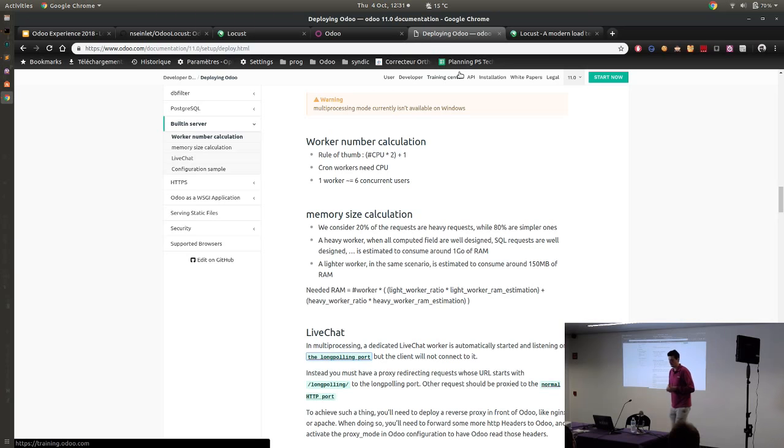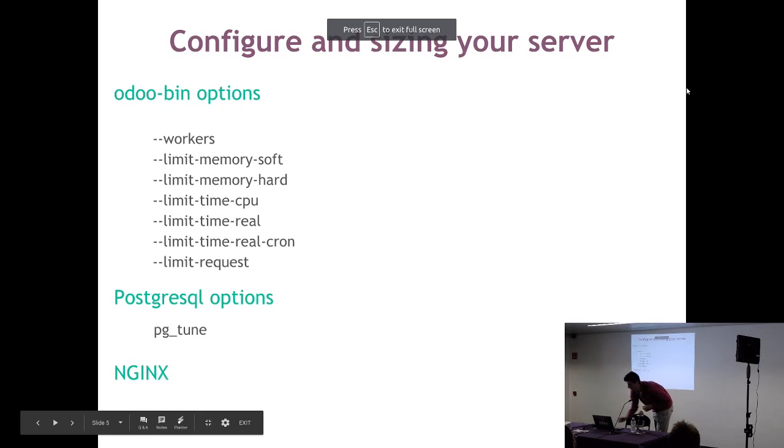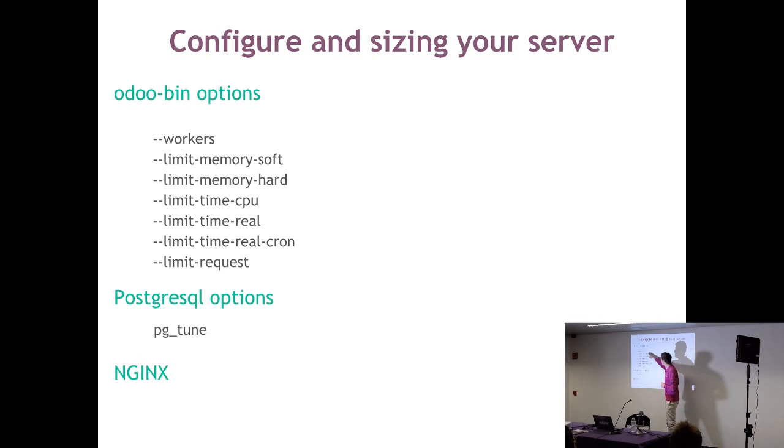All these options are configured directly on your Odoo instance. For example, you can configure the number of workers depending on the rules we gave just before in the documentation. Then you can also limit the memory, soft and hard. I don't know if you know the difference.